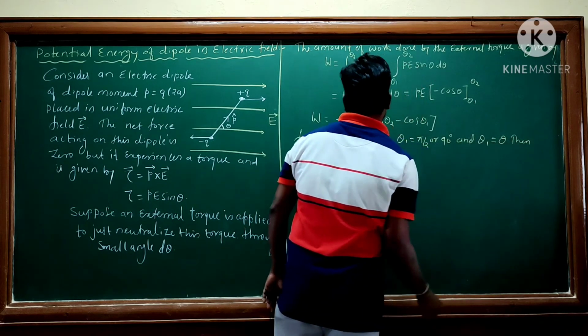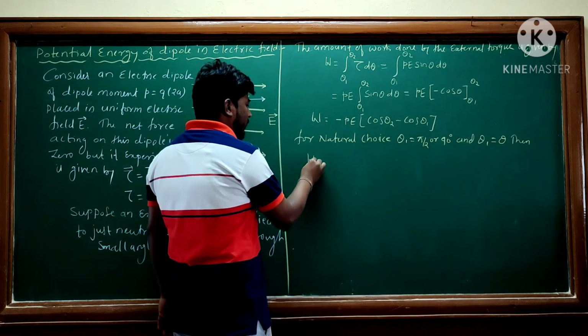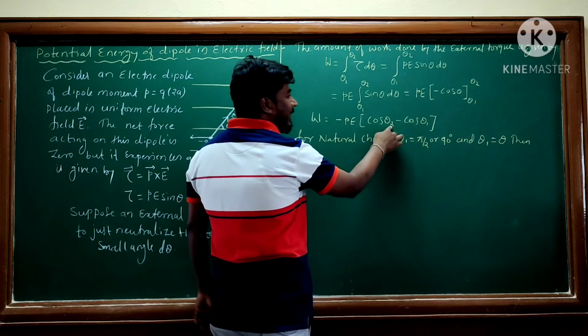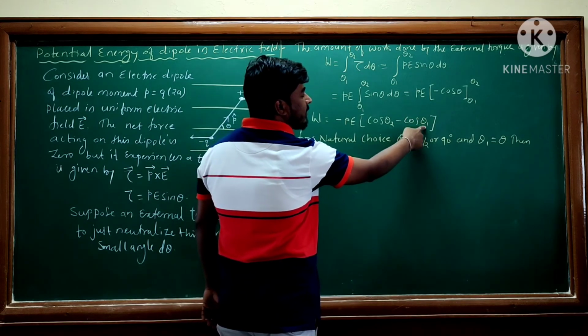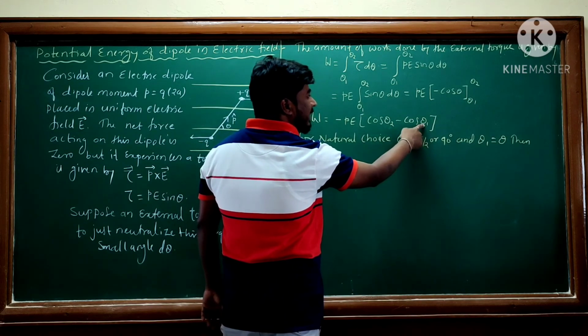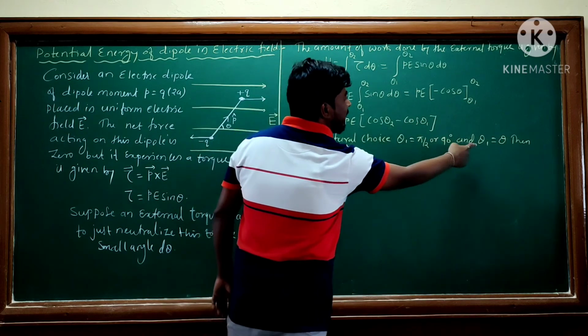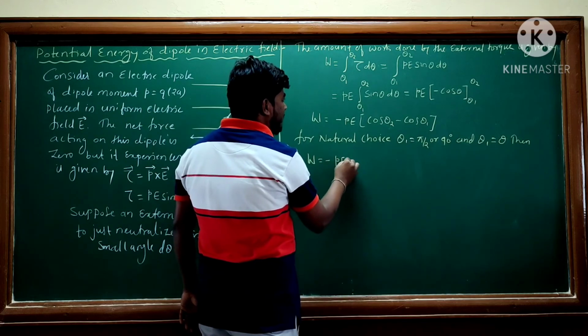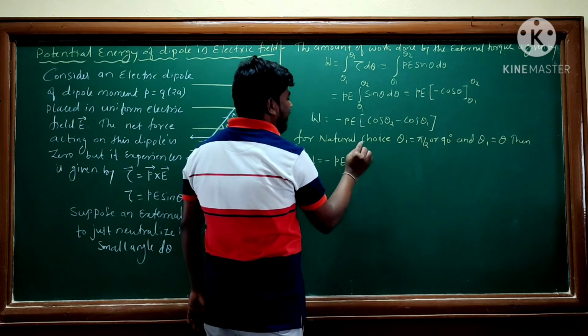Then cos 90 means 0, and this expression becomes minus PE cos theta.